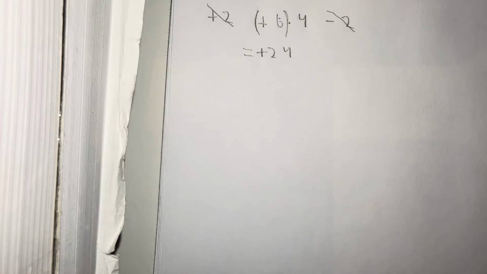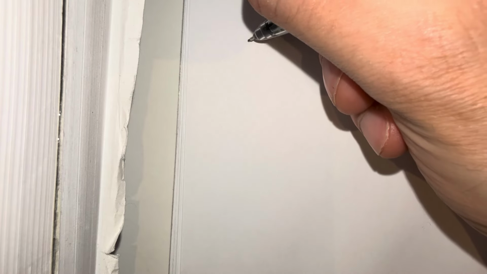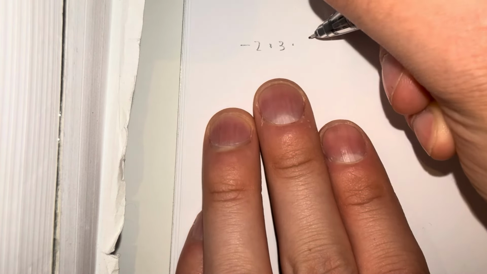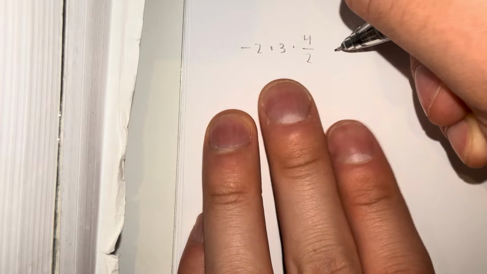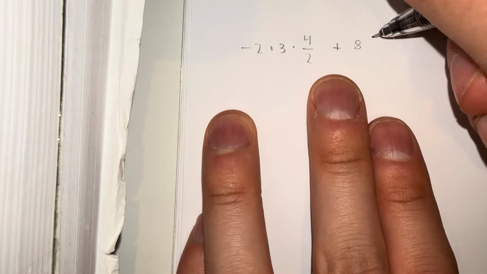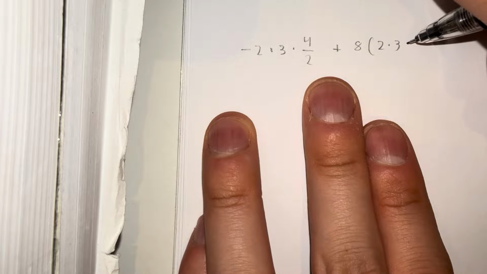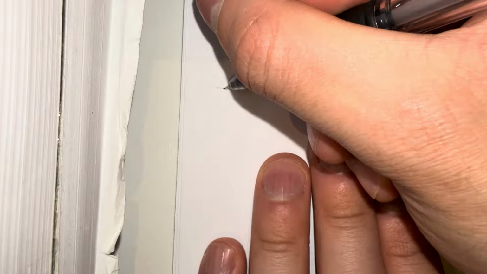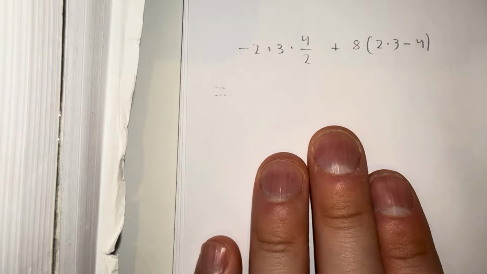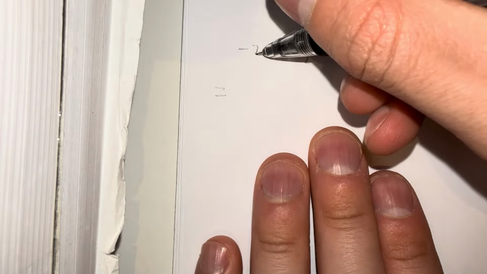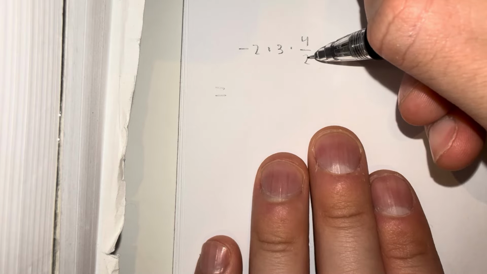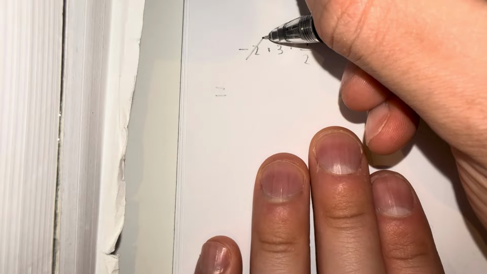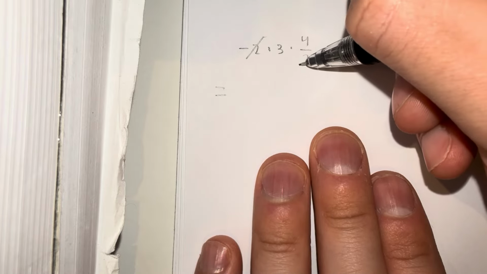Let's do one last example. This 2 divided by this 2 becomes 1. Then we do what's known as canceling. We write a slash above this one and the one it's cancelled against.